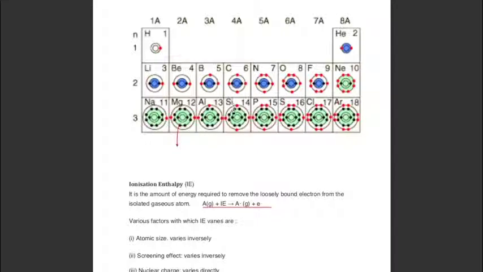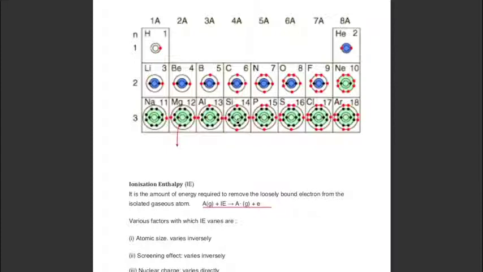Now in the presence of inner shell electrons, suppose we take the example of this silicon atom. It has 3 shells, 1, 2 and 3. The third shell is the outermost shell. So in between this third shell electron and the nucleus, second shell and first shell electrons are also present.